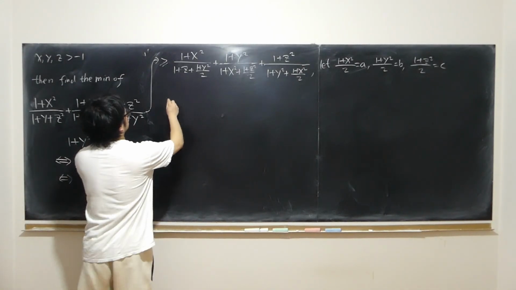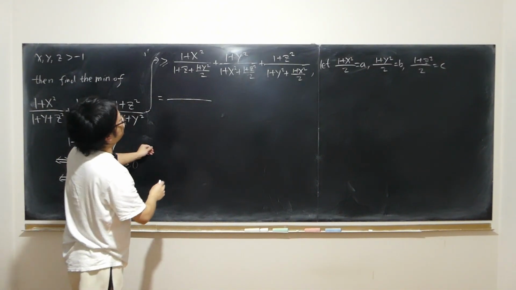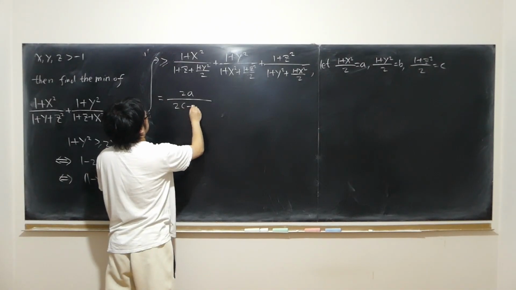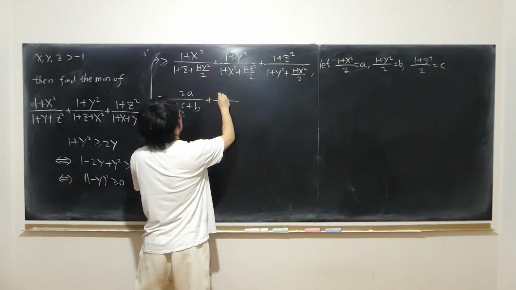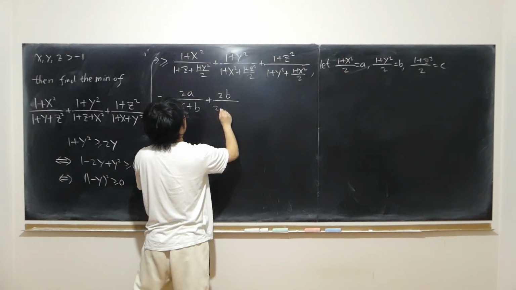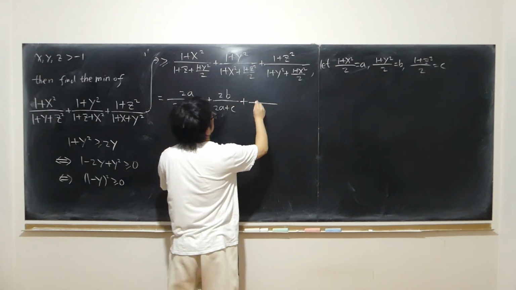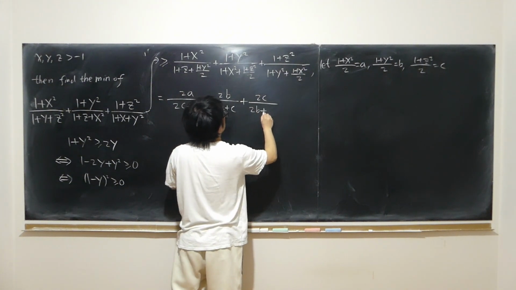For our own convenience. And so the whole thing becomes 2a over 2c plus b, plus 2b over 2a plus c, plus 2c over 2b plus a.